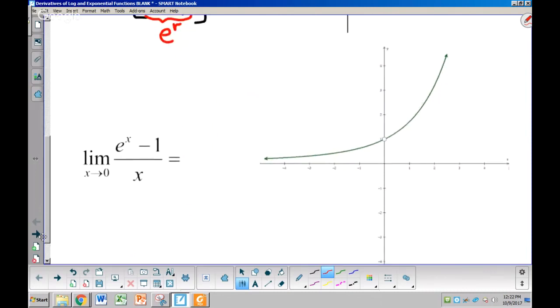What about this limit? Let's do this one in your calculator. The limit as x approaches 0 of e to the x minus 1 all over x.